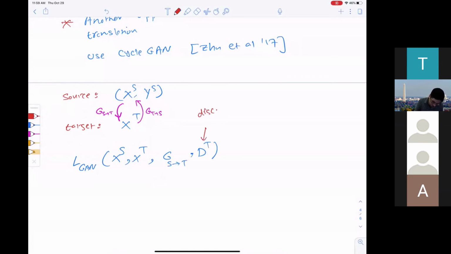That's why it is labeled with T. So the GAN loss is similar to training a classifier or a discriminator D that tries to distinguish between actual target samples and the samples coming from the source to the target domain using this function. So the loss would be, let's say if you have an actual target sample, I'll maximize this probability.